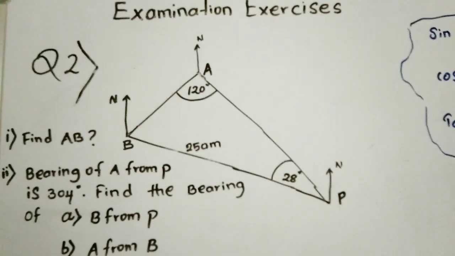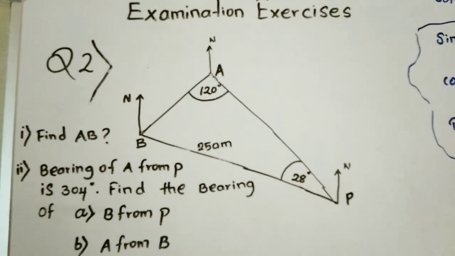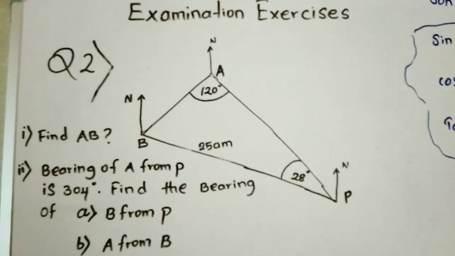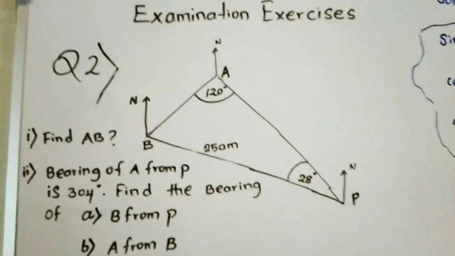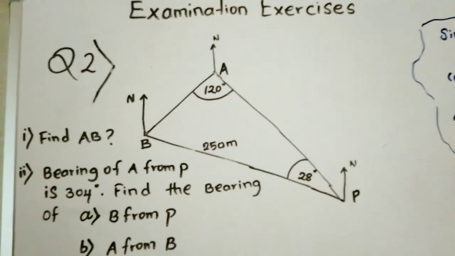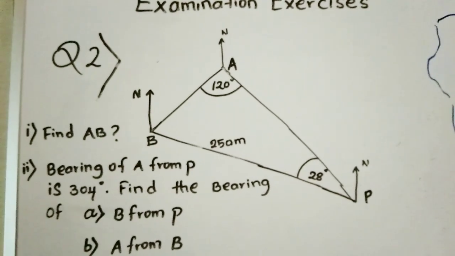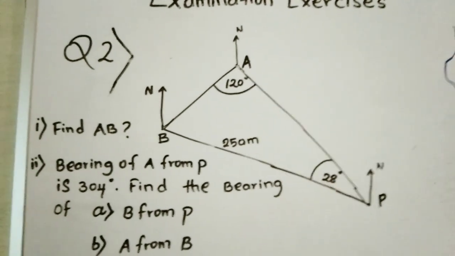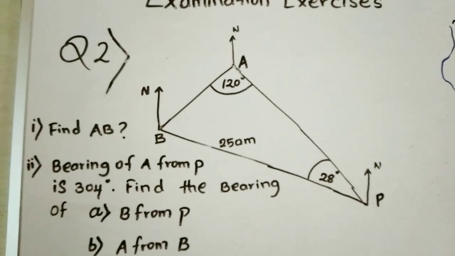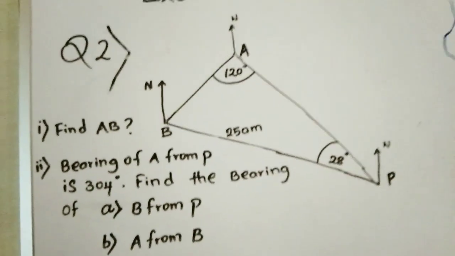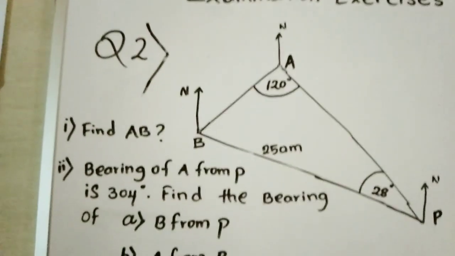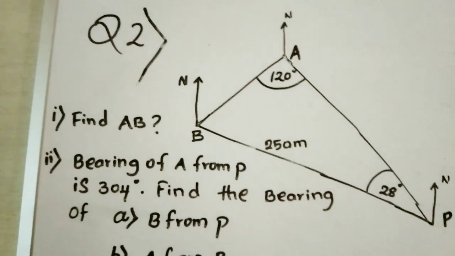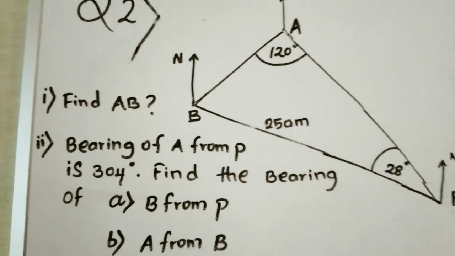Okay, let's do the second question. Look at the question here. In the triangle ABP, angle A is 120, angle B they didn't give, angle P is 28, and the side length BP is 250 meters. The first part of the question is to find AB.